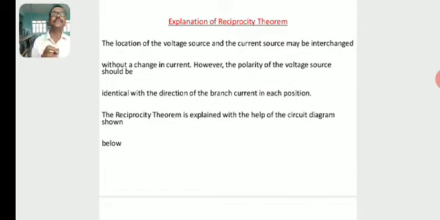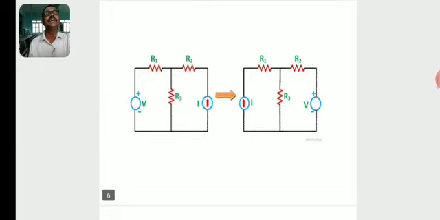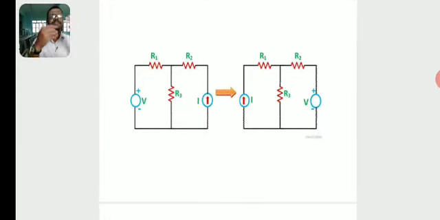The reciprocity theorem is explained with the help of the circuit diagram. There are three resistors, R1, R2 and R3, connected with the voltage source and the current source on the left side of the circuit.